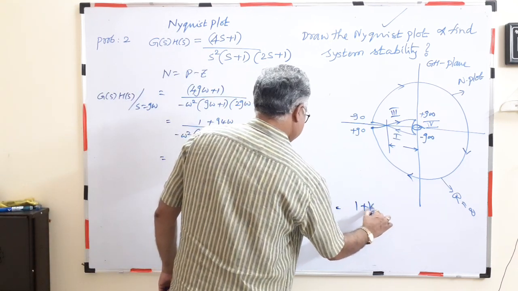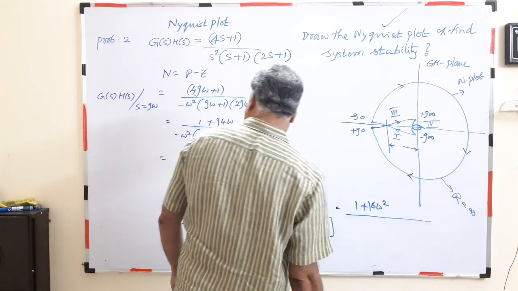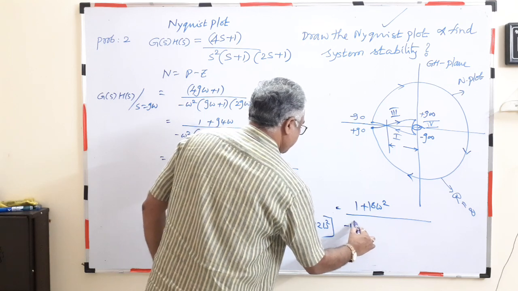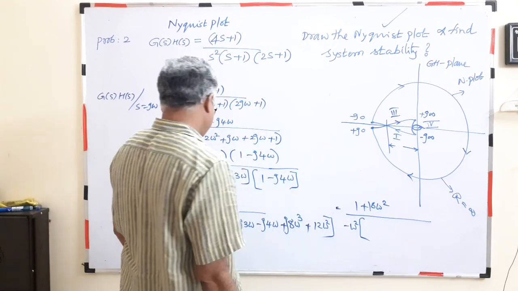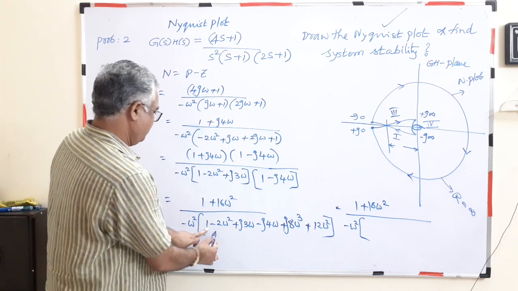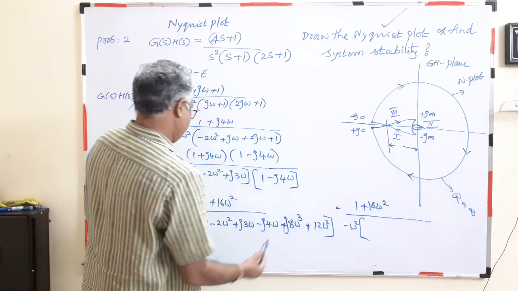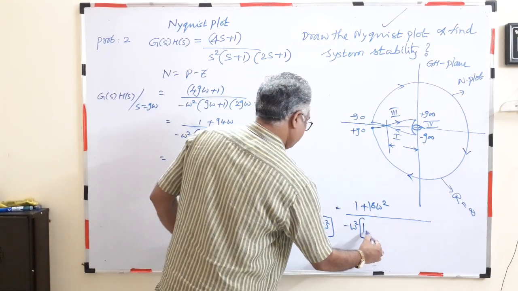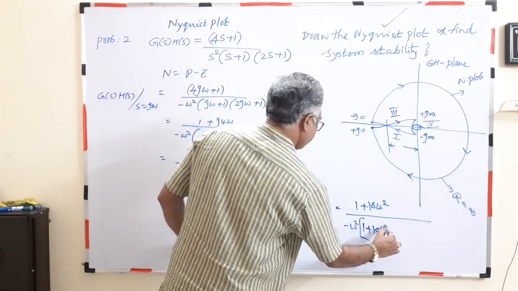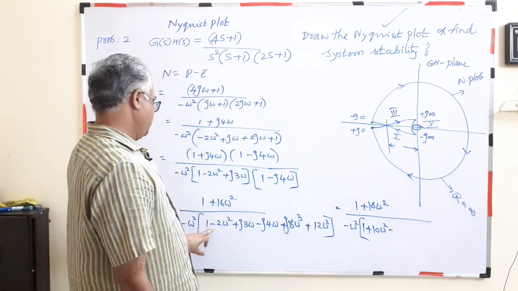So 1 plus 16 omega square by minus omega square. What is the real part here? 1 minus 2 omega square plus 12 omega square, so that is nothing but 1 plus 10 omega square. That is the real part.